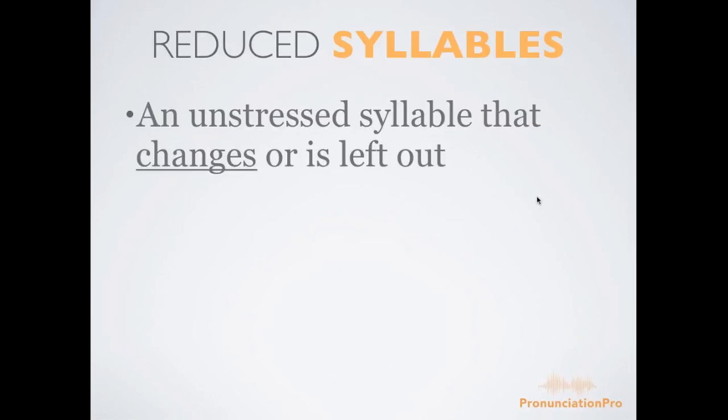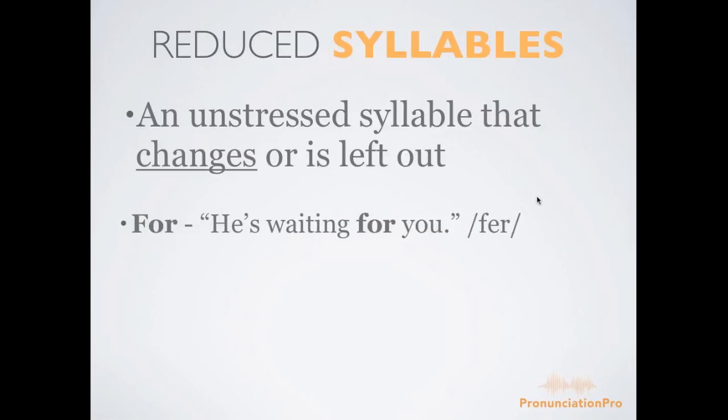So with the unstressed syllable, it changes or is left out. So when we talk about a reduced syllable, it's when we change that unstressed syllable or we leave out that unstressed syllable. So let me give you some examples here.